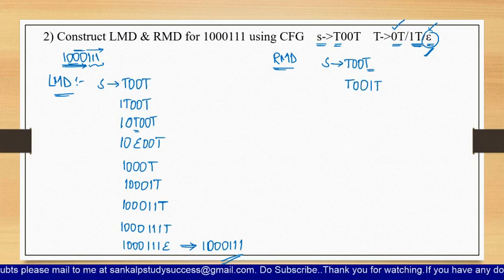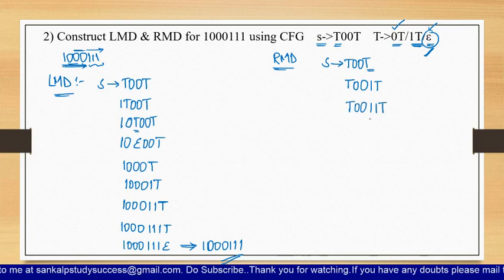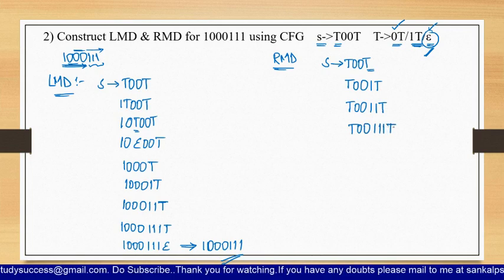Then again for this T we are going to substitute with 1T, because we are having 3 ones. So we need to end up with 3 ones. So here we got 2 ones. Then again if you substitute T with 1T, then you will get 1000111T. So here it is the end for the 111. There is nothing more, zeros or ones, followed by 111, correct?